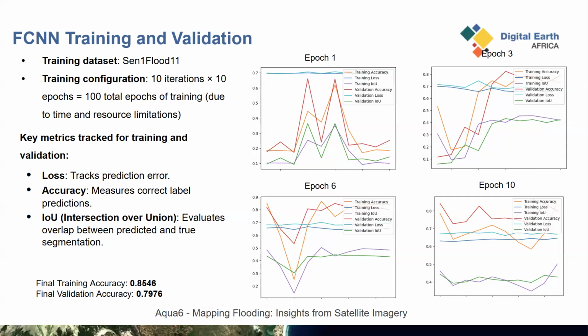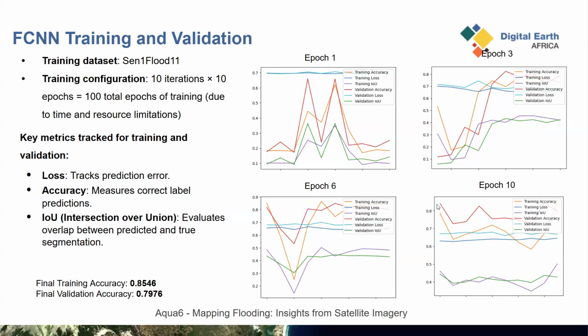The loss will start high, these are the two at the top, and we'll see it decrease as the model starts to learn. Obviously, we've only trained it for 10 epochs with basically 10 iterations, so it's not a lot of repetition. This model is not the best, but it is to showcase that it is actually possible to run a neural network within the Digital Earth Africa sandbox, and we hope to improve that.